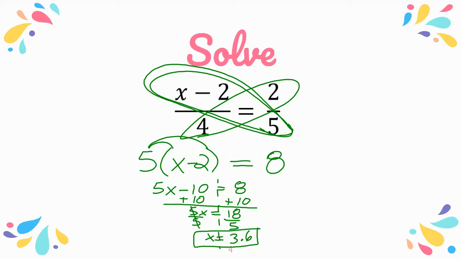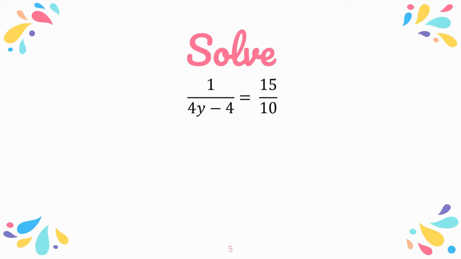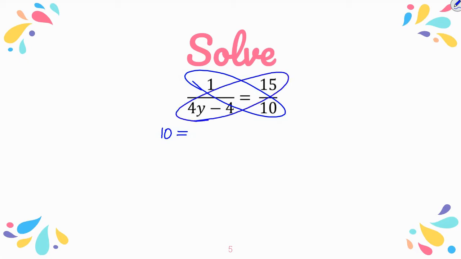Let's try another one. Here we have 1 over 4y minus 4 equals 15 over 10. We're going to start by cross multiplying. 10 times 1 is just 10, equals 4y minus 4 times 15. I think the easiest thing to do here is to take that 15 and put it on the outside of a set of parentheses where we've got 4y minus 4 here.